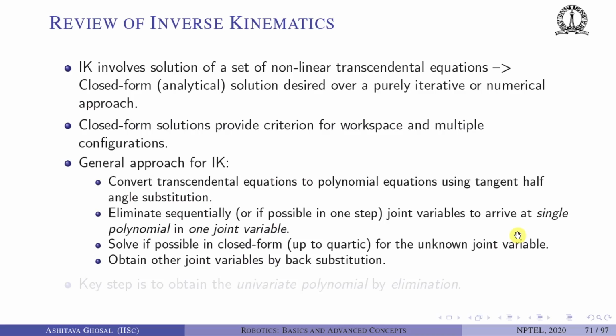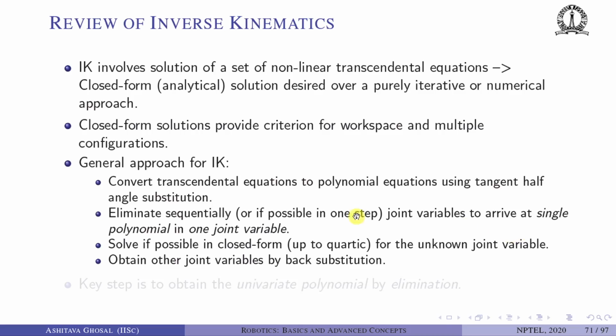So the general approach for inverse kinematics of serial robots is, first, convert the transcendental equations to polynomial equations using tangent half angle substitution. The kinematics involves sine and cosine of theta, and we can convert that into tan theta by 2, which is denoted by x, and then we get an equation as a polynomial in x.